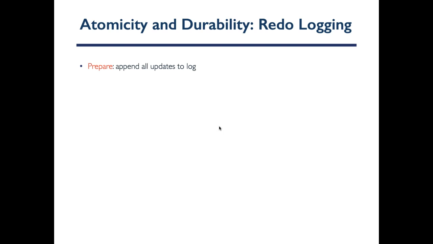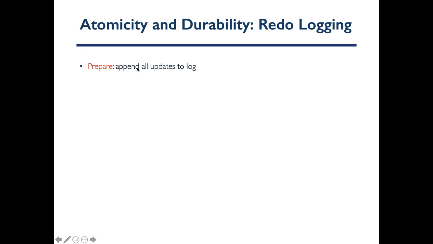The first one is prepare. Basically, you have a log file where you log everything that you do. The reason it's called redo logging is that we're going to do updates at least twice, in some cases more than twice.